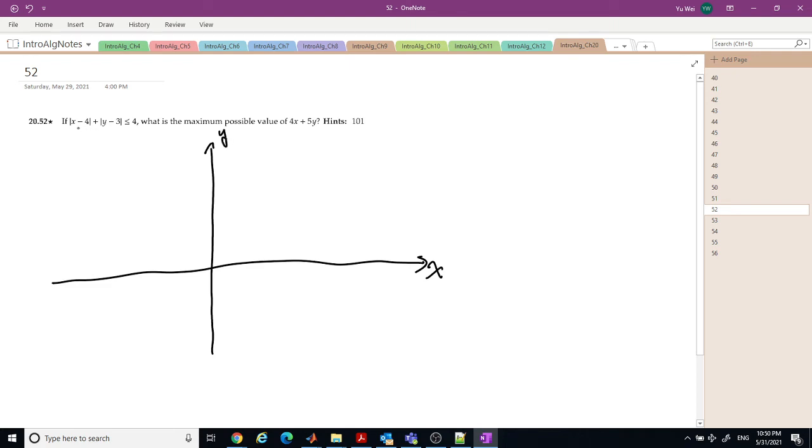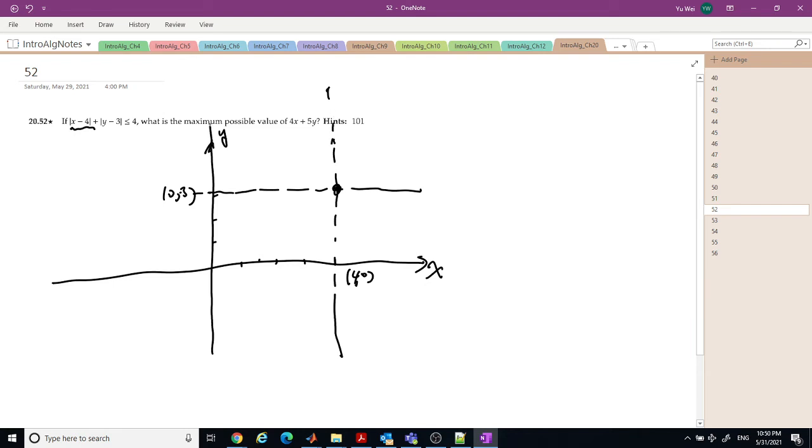You can see x has been divided at 4, so x should be either less than 4 or greater than 4, and y is 3. So we're cutting the whole plane into 1, 2, 3, 4 sections. Let's do it section by section.